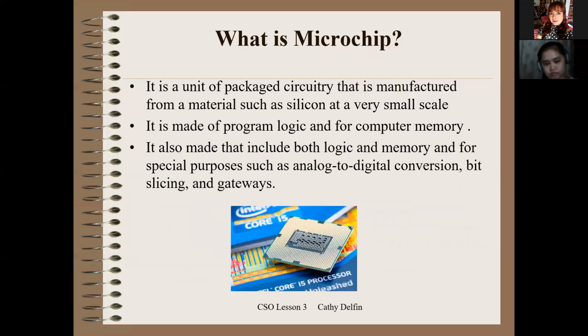And what are microchips? It is a unit of packaged circuitry that is manufactured from a material such as silicon at a very small scale. It is made of program logic and for computer memory. It is also made to include both logic and memory and for special purposes such as analog to digital conversion, bit slicing, and gateways. So the analog is still there, but we are no longer the ones converting it.